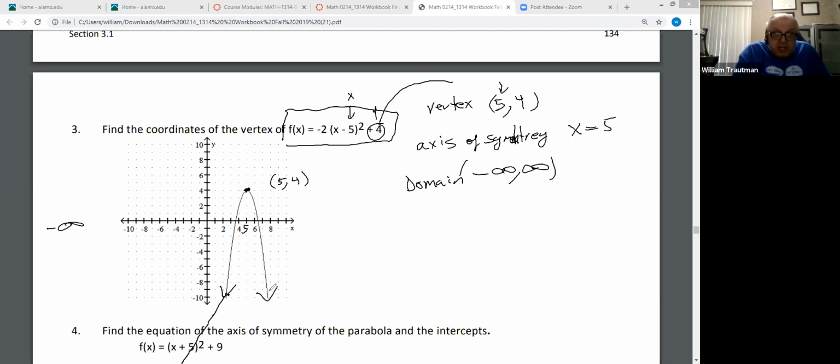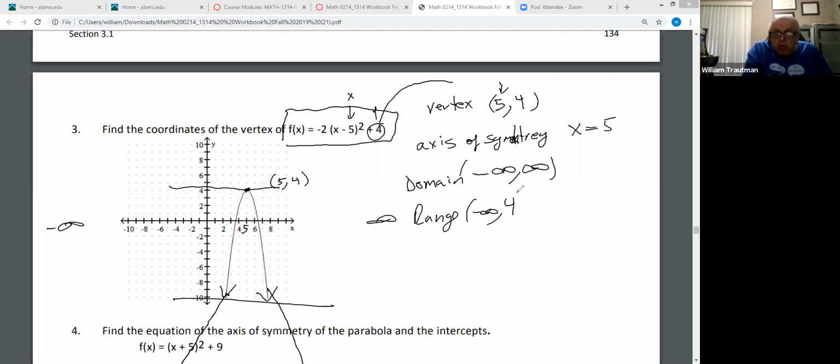And you have to go down far enough on the right side for it to go over here to positive infinity. The range, the lowest point is negative infinity on the y-axis. The highest point on the y-axis is 4, and for range you're always touching at the vertex, so you have to put the bracket there.